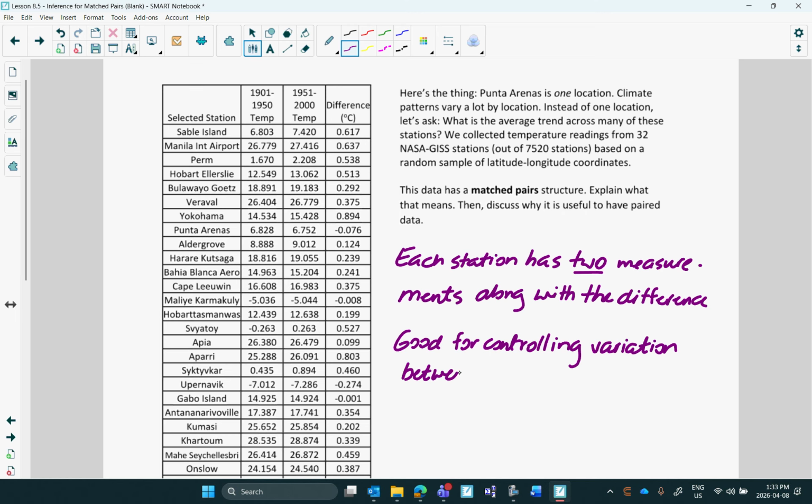You don't want to do it just for one. You don't want to do it just for two. Because there's a lot of potential variation there. You want to pick a significant number so that the variation is going to be down, and the matched pairs along with that helps you to do that. So that's what happened.